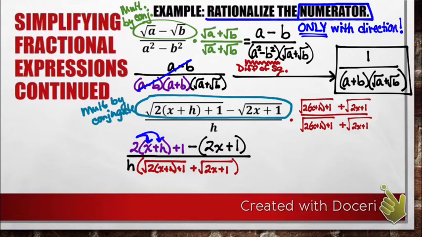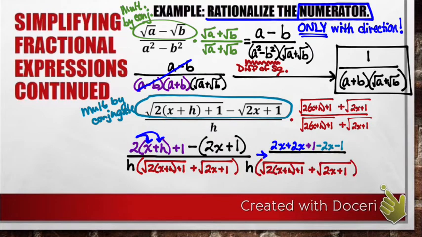I'm going to have 2x plus 2h plus 1 minus 2x minus 1, all over this denominator. Oh, thank you. It should be 2x plus 2h. Thank you for catching that for me, Erlen.